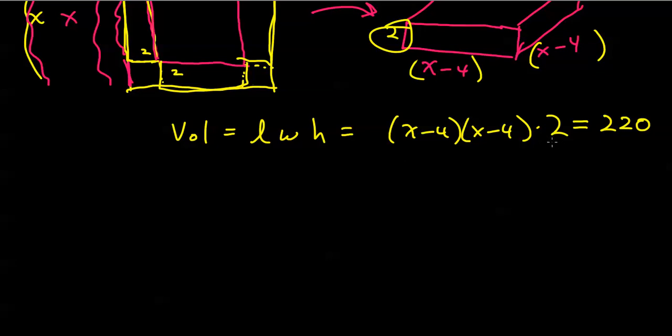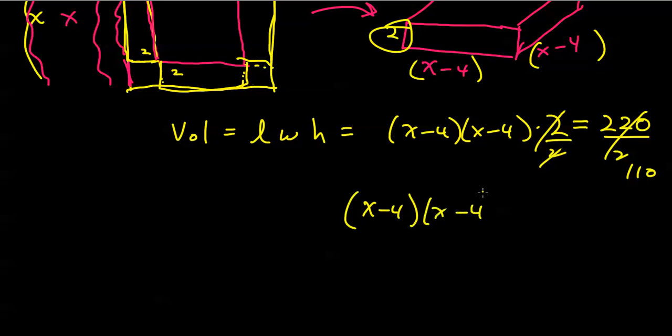First thing I'm going to do is divide both sides by 2. That'll cancel that 2 out, and 2 goes into 220 110 times on the right-hand side, so that'll simplify things a bit right off the bat. So I end up with the equivalent equation: X minus 4 times X minus 4 equals 110.